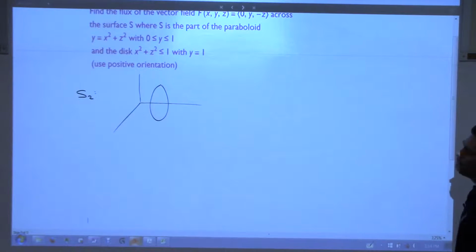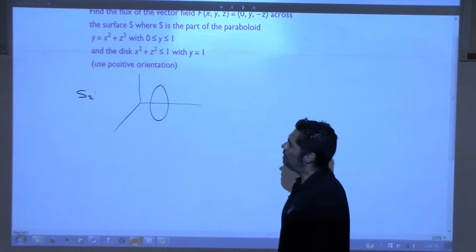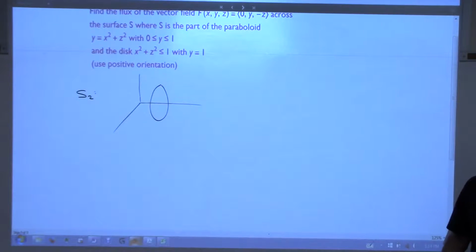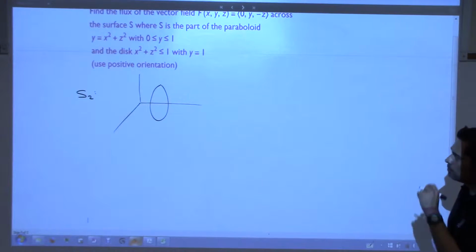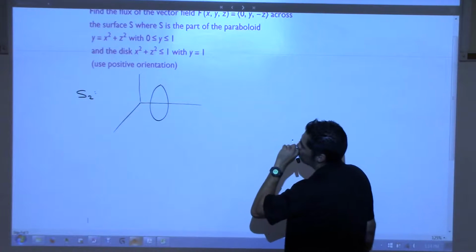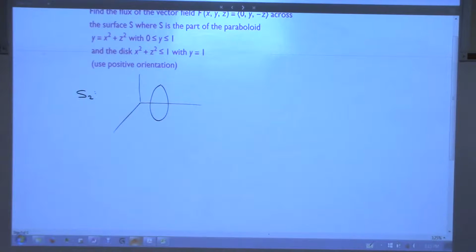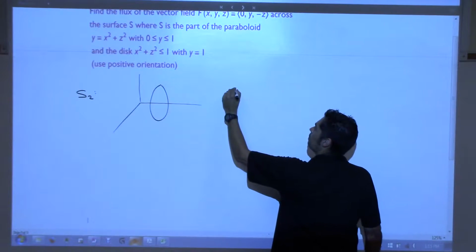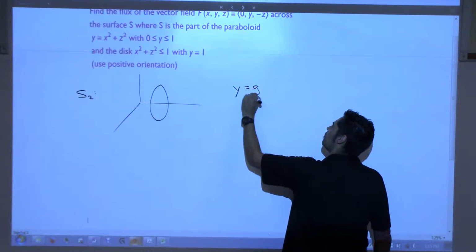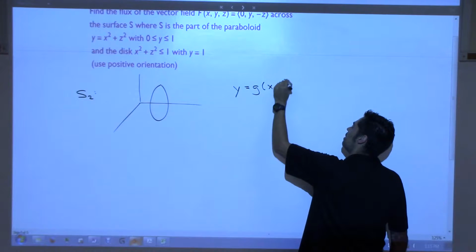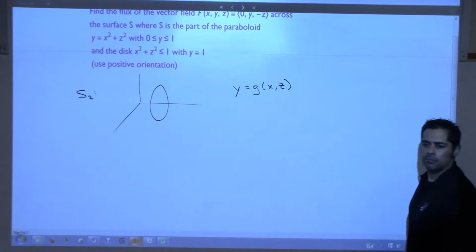And could I go about this the same way? I could. Can I look at this as being like y is some function of x and z? No?